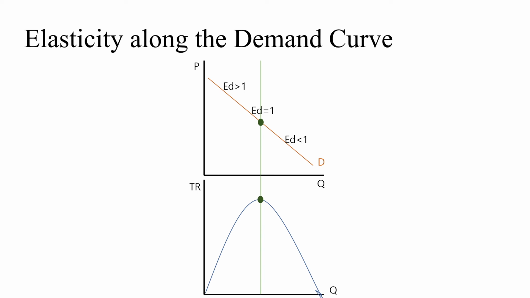The left part from the midpoint would be more elastic, and the right part from the midpoint, where ED is less than 1, would be more inelastic on the same demand curve.